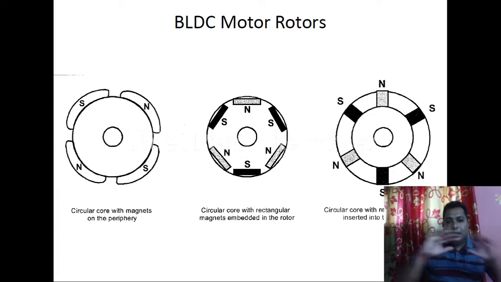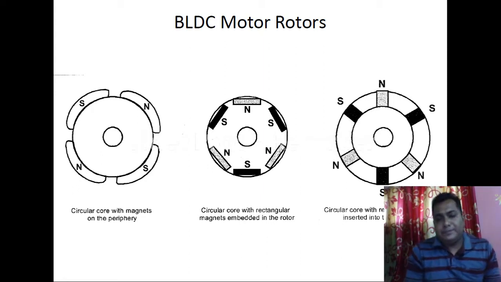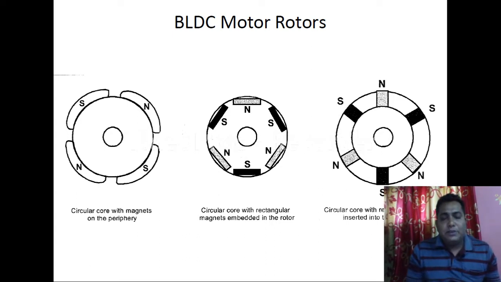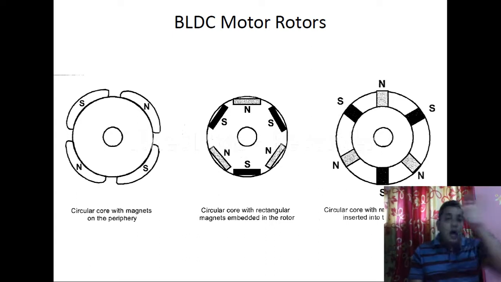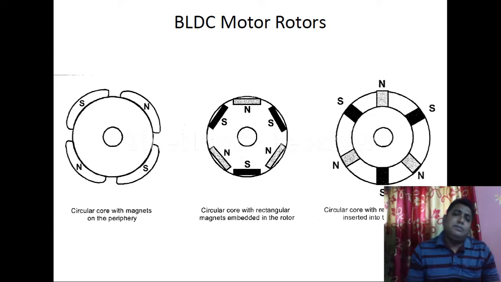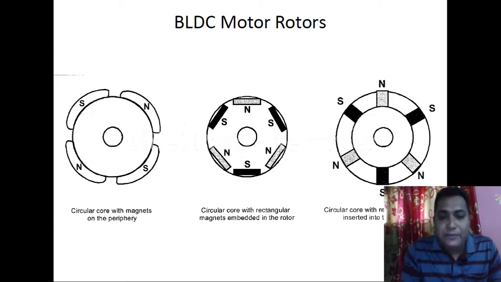Okay, so in the left hand side picture, as you can see, the poles are at the outer periphery. But it is possible in this type of rotor that the poles, the permanent magnets, are in the inside periphery of the rotor.